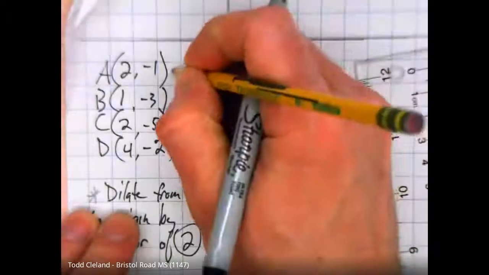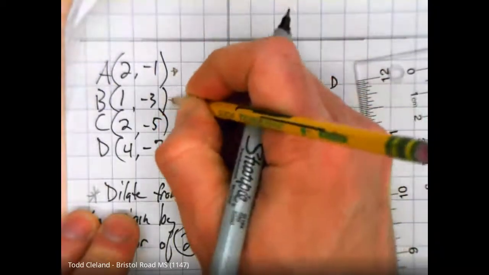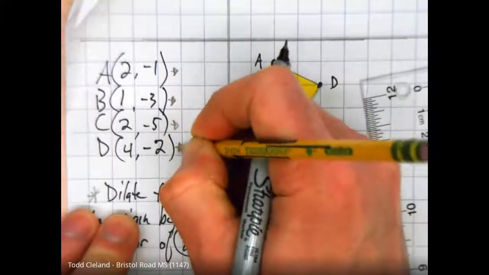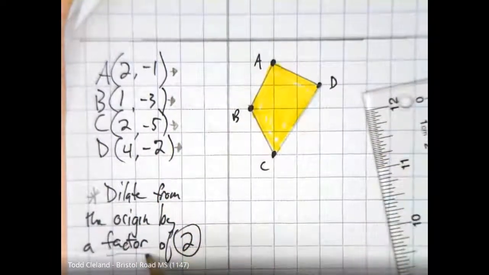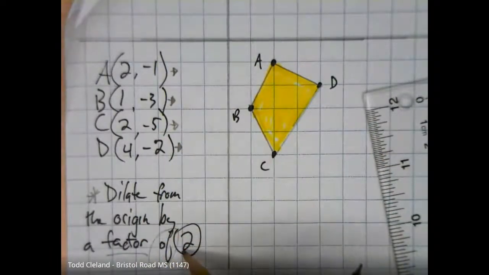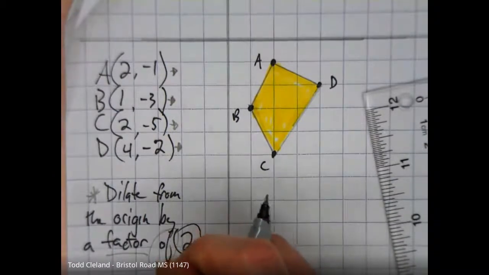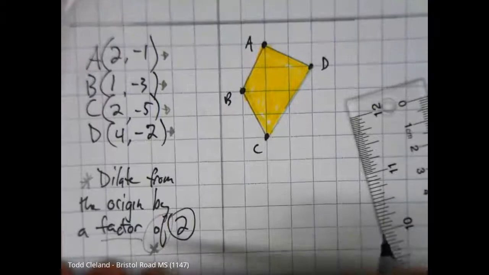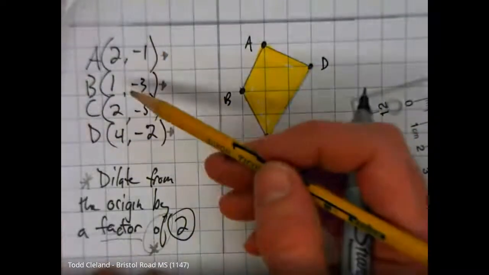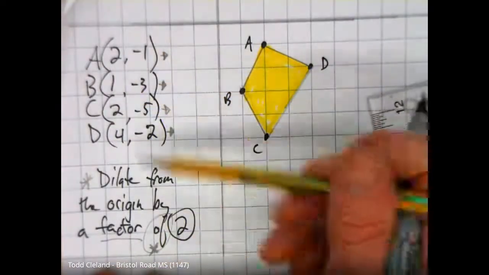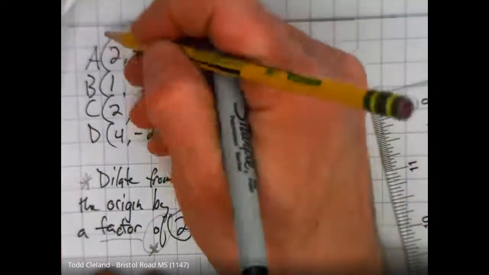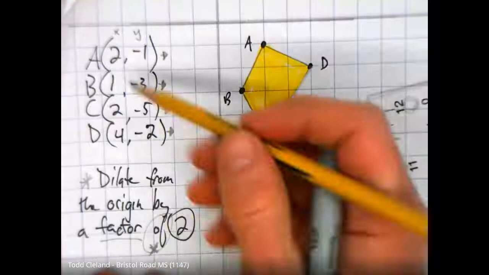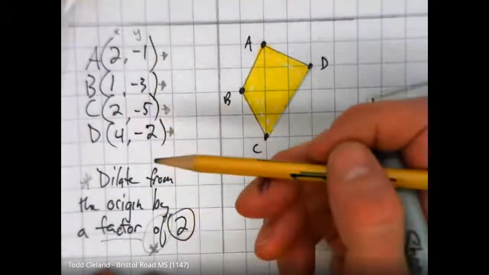And I left enough space here that we can kind of show what our new coordinates would be. So go ahead and determine what your new coordinates would be. Remember, it's a factor of 2. So that's going to be multiplying. And the quick way to do this is, since we've got these anyway, we're going to multiply each of these xy coordinates by 2.